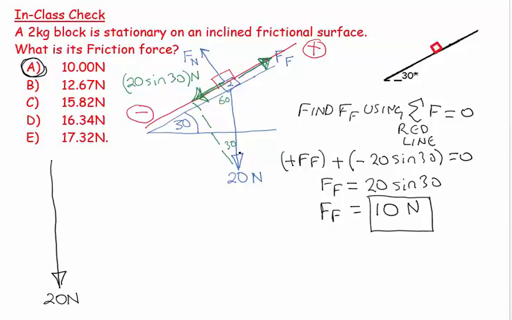I'm looking at my 3 original vectors. My 20 newtons was pointed vertically downwards, and I can measure how long that is. That's 20 centimeters, or that's 10 centimeters, whatever. And then I don't know the size of Ff, but I do know its direction. I know its direction is inclined to the horizontal at 30 degrees. So just draw a long line at 30 degrees.